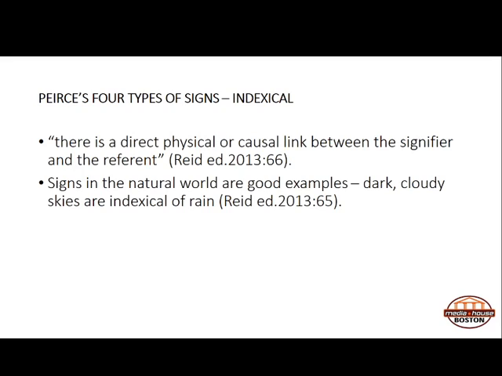And of course, you get indexical signs, where there is a direct or physical or causal link between the signifier and the signified, what it's referring to. So, for instance, above the exit door there will be a sign with a person running down some stairs, or just a person running, and that means exit.